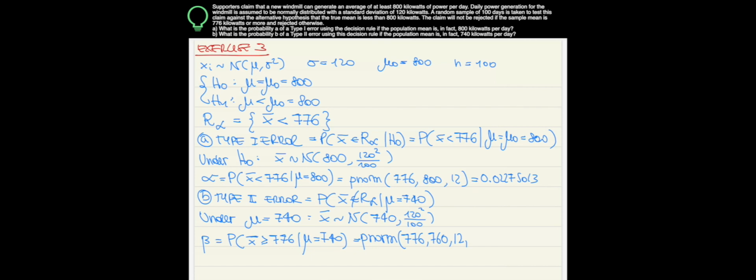So the probability for the standard normal to be greater, so don't forget lower tail equal false. Great. And this is equal to 0.001345. Okay, so this is our alpha. And this is our beta.